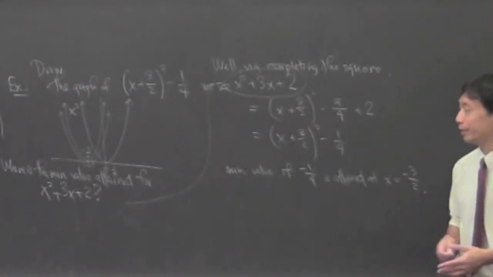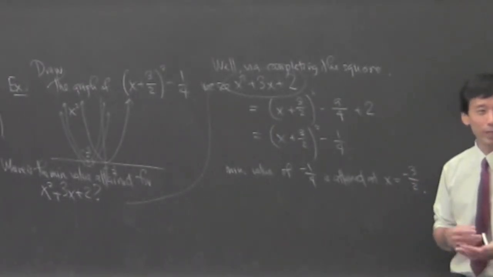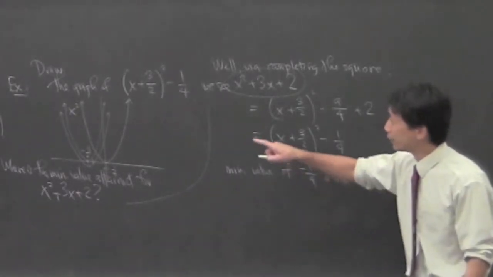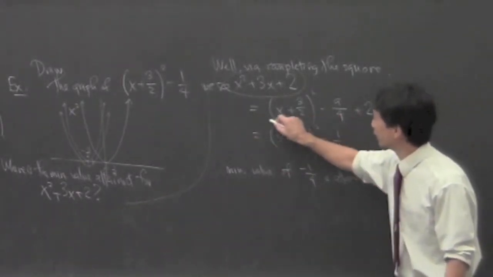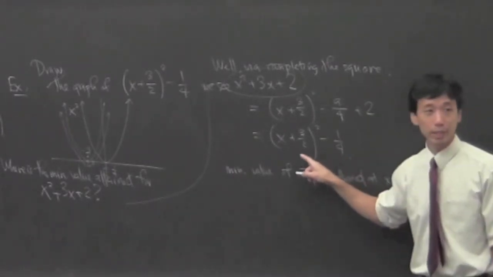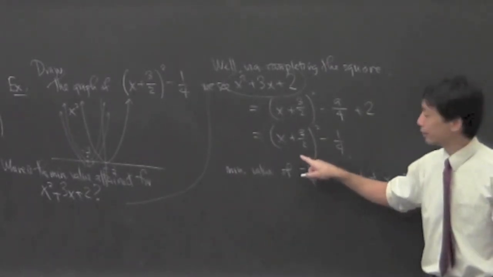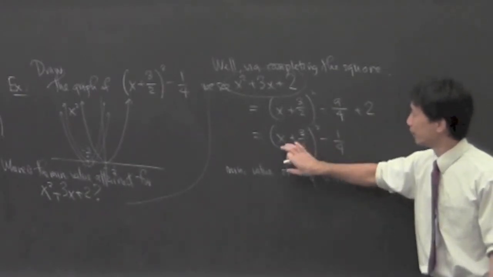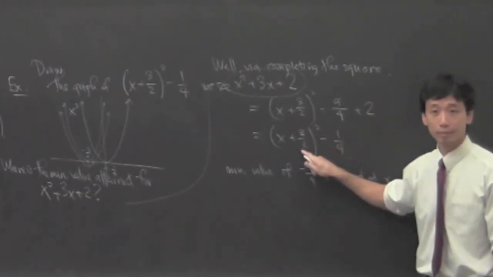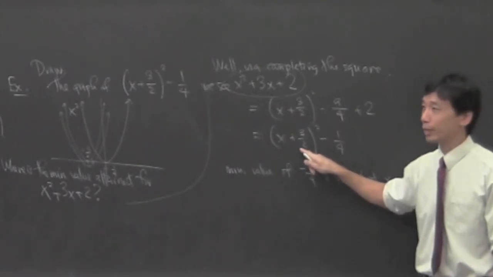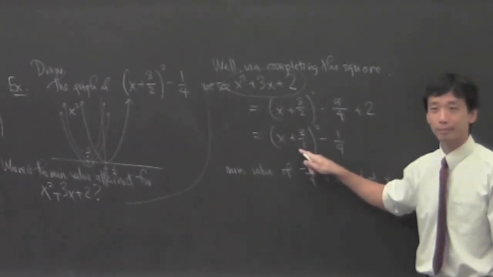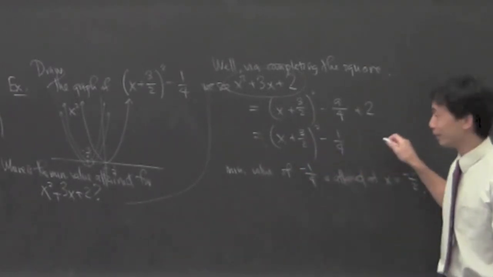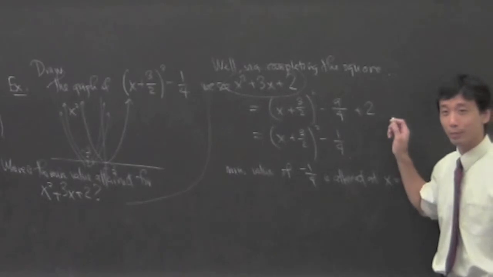Okay, so this is a simple example of finding the minimum. And you could do it graphically. Another way you could do it is by looking at this thing here. What do you know about a number squared? If you have some number and you square it, can you get a negative number?